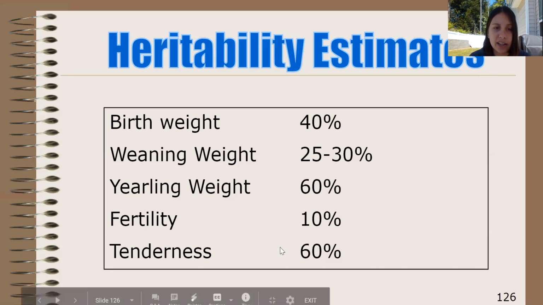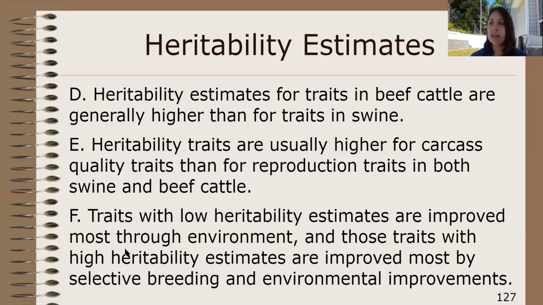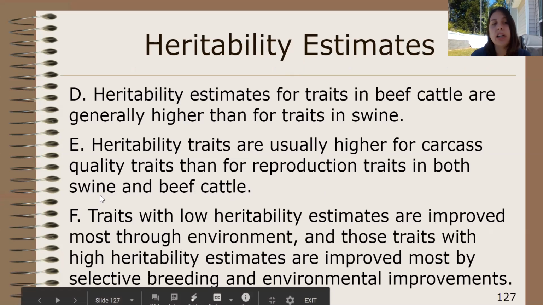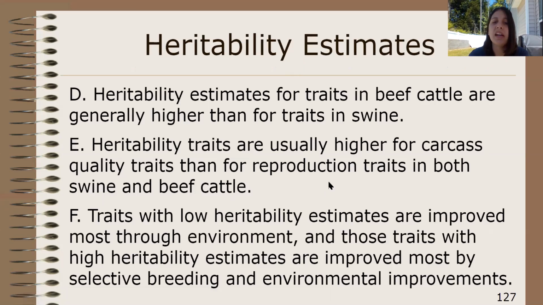So, tenderness is a carcass quality trait. Other carcass quality traits can be the ribeye area and the yield grade. Typically, carcass traits are going to have a higher heritability estimate than those traits that are related to reproduction.